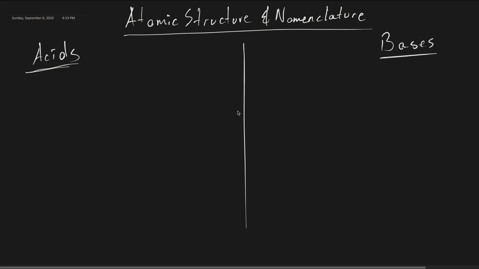So, to begin with, what are acids? Acids are made of monatomic anions, and their names are based on the monatomic anion. Monatomic means one atom, and they can also be made by polyatomic anions, or oxide anions.